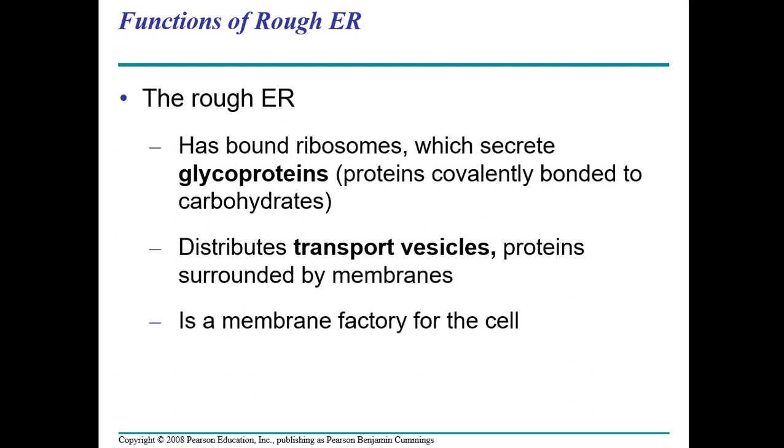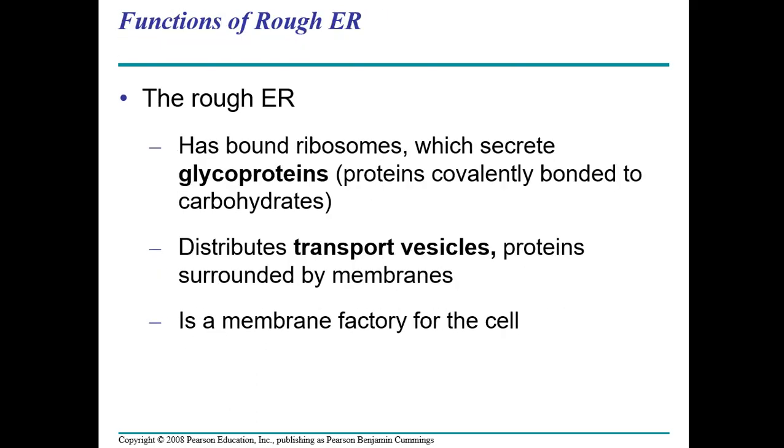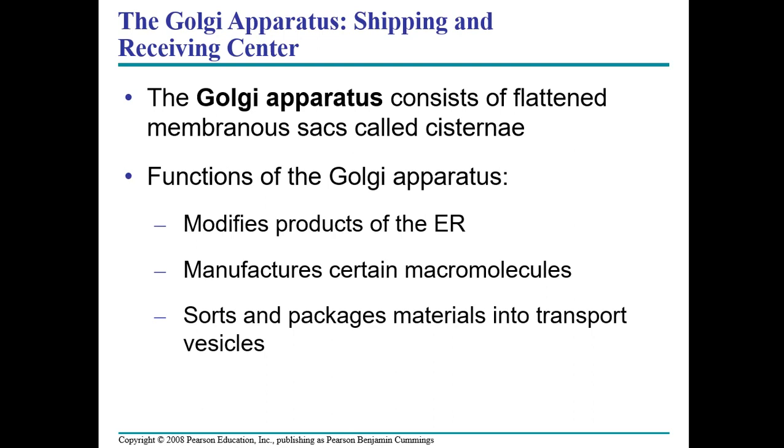Okay, kasi sabi ko nga, yung ER accounts for more than half of the membranes of all cells. So, siya yung nagiging membrane factory, tagagawa ng membranes. Okay, so, now that the vesicles is being transported from ER, it will now be received by Golgi apparatus.